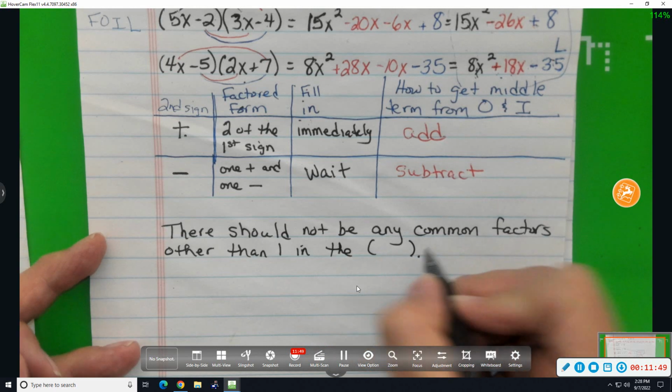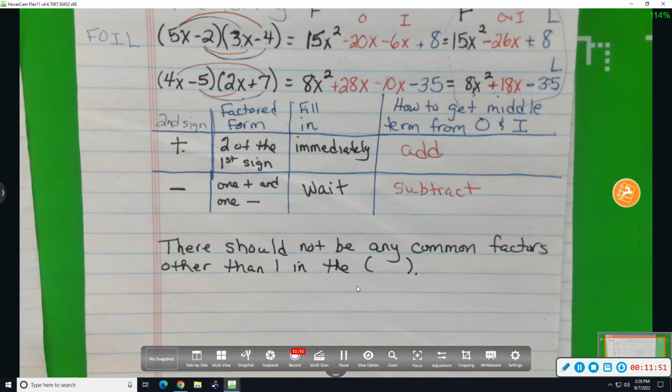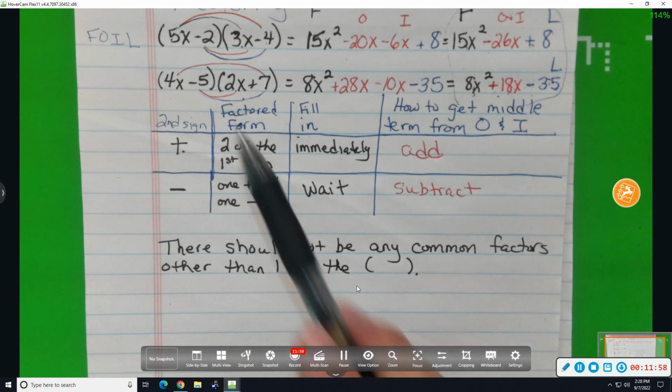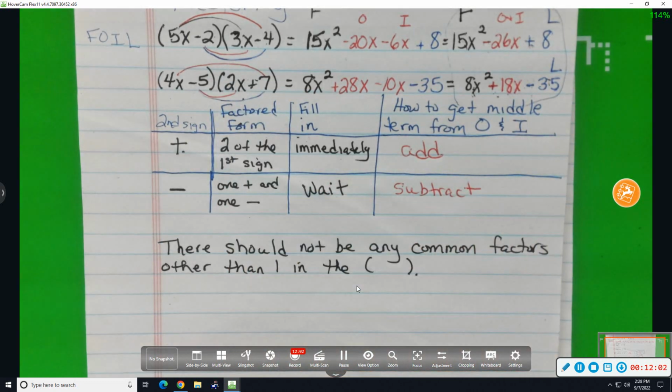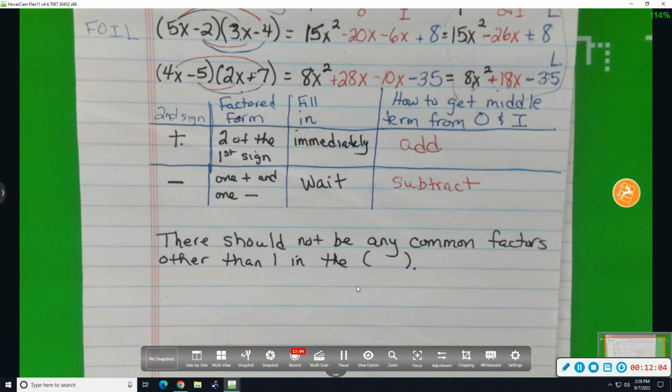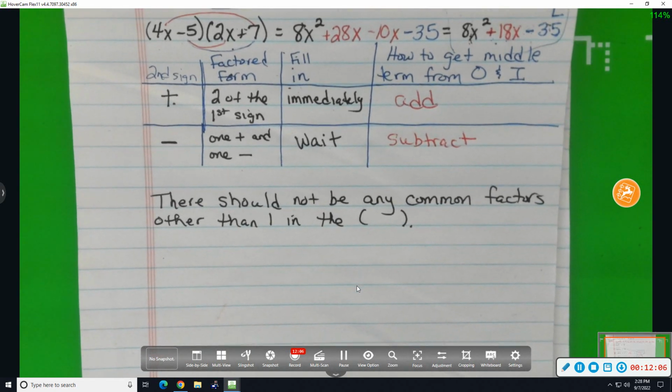That'll actually help you figure out or discard some possibilities. Because we're just going to sort of be guessing and doing a trial and error process to find out what goes in the parentheses. Now, what do I mean there should not be any common factors other than 1 in the parentheses?